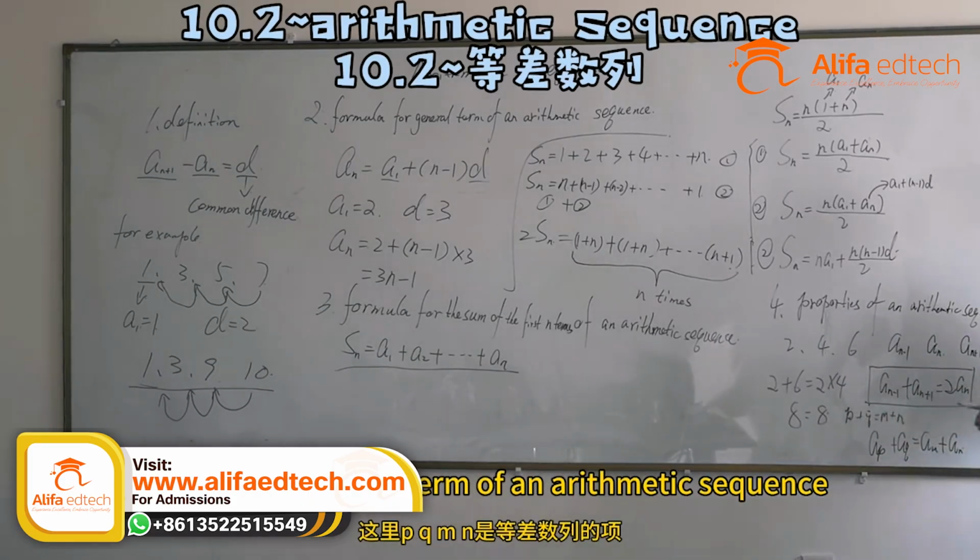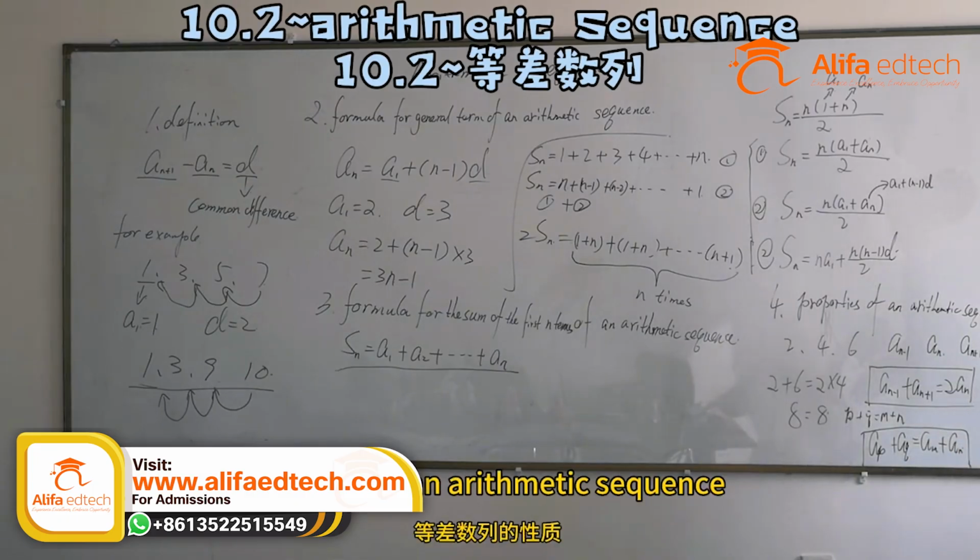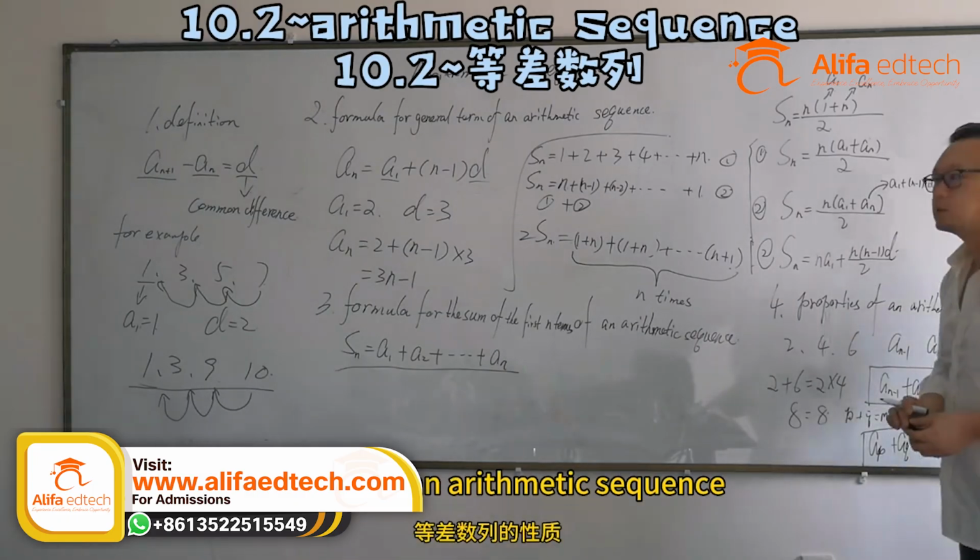Here, p, q, m, and n are terms of an arithmetic sequence. This is the second property of an arithmetic sequence.